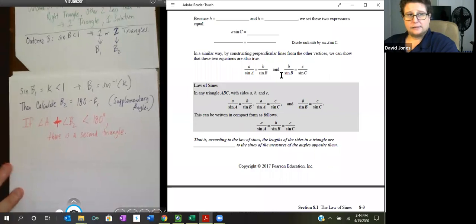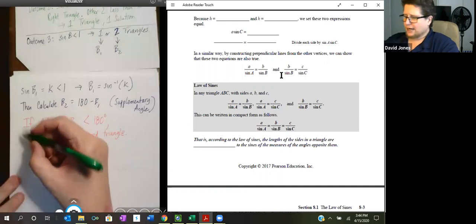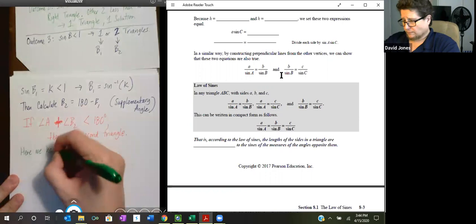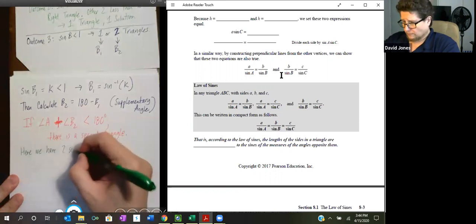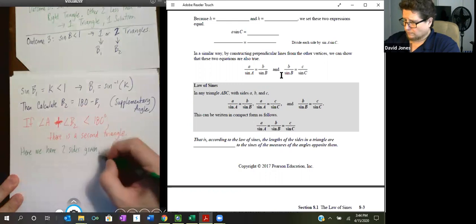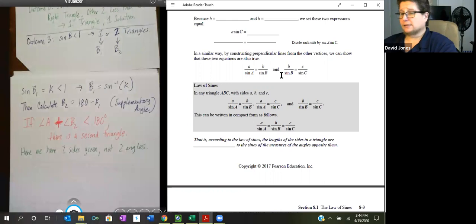Okay. And the way this one differs from previously, here we have two sides given, not two angles. And that's where the problem lies.